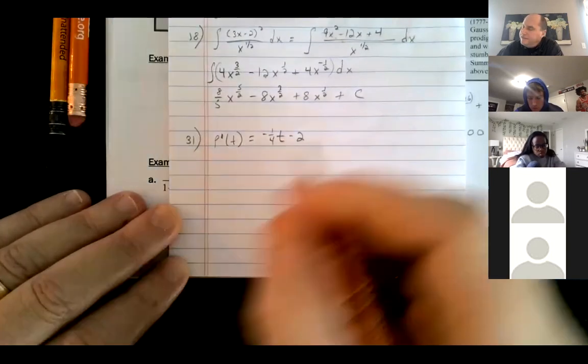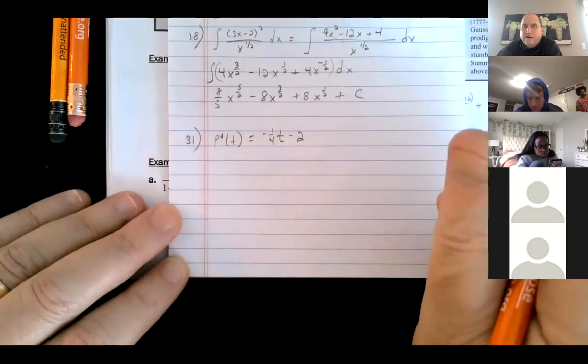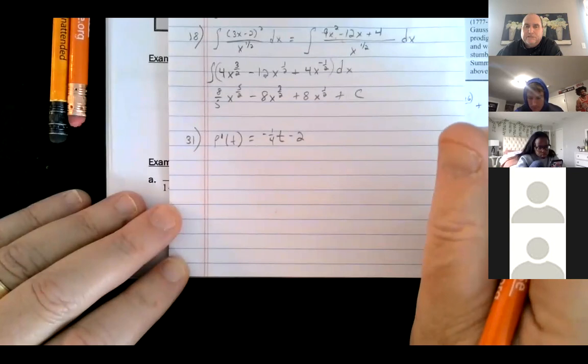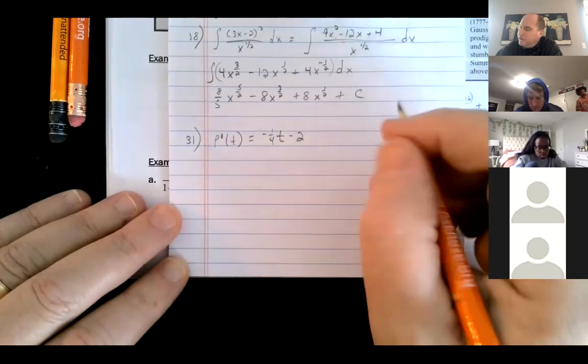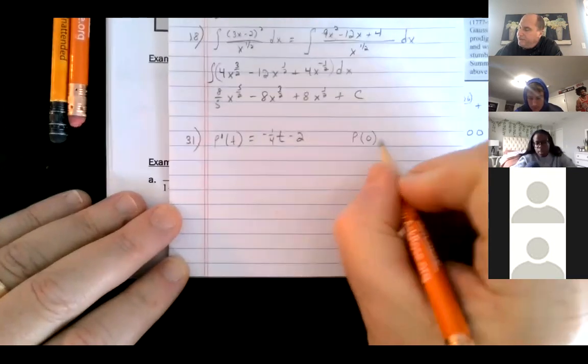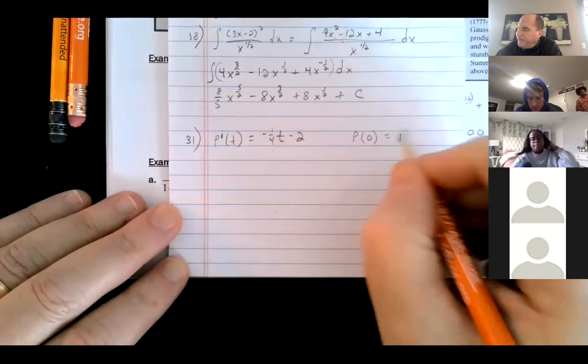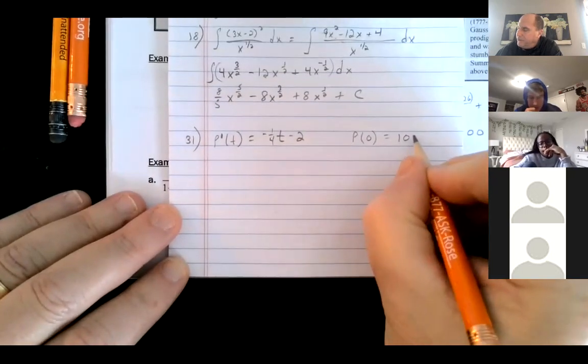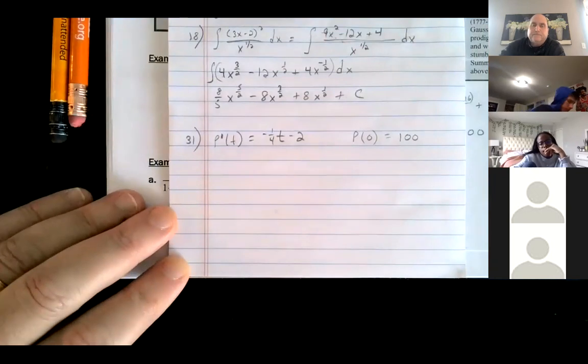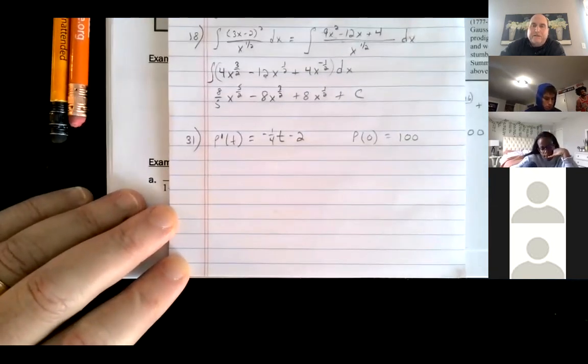And they tell us, I'm going to pretend like 2012 is year 0. So they're telling us that in year 0, the population of cats was 100. We want to know how many there are in 2020.